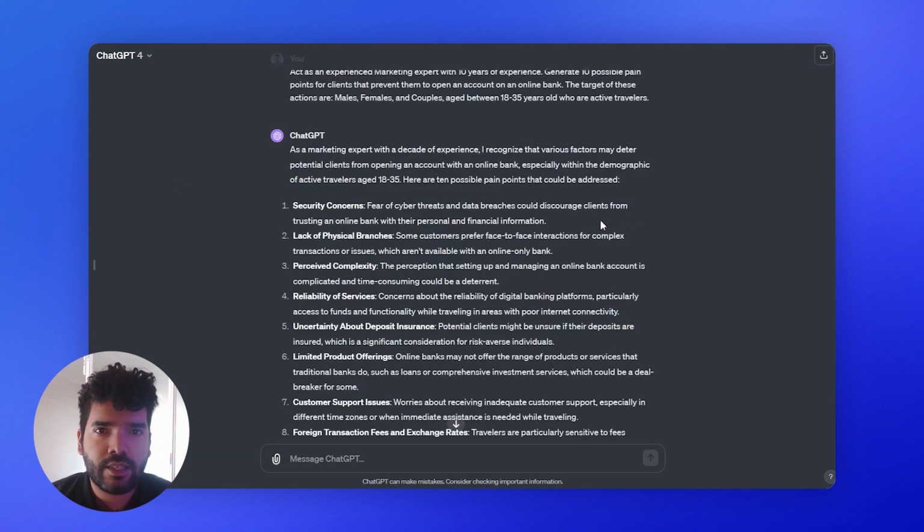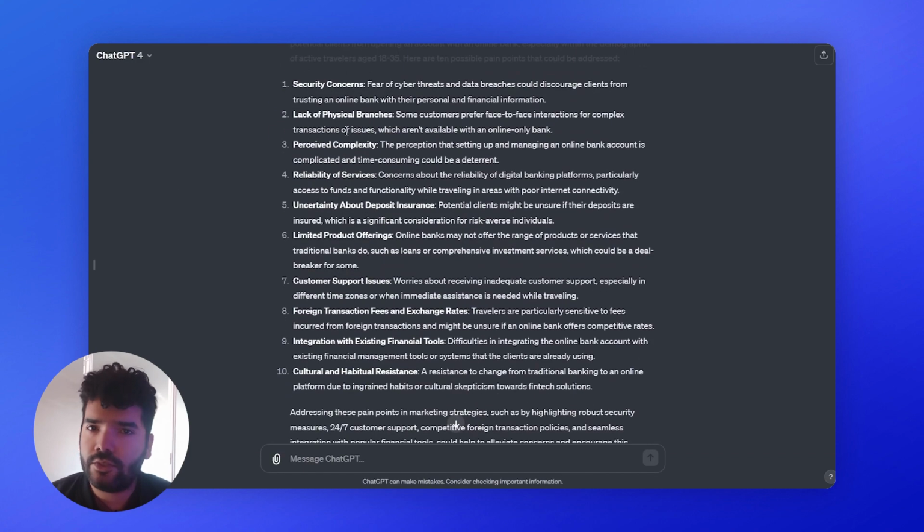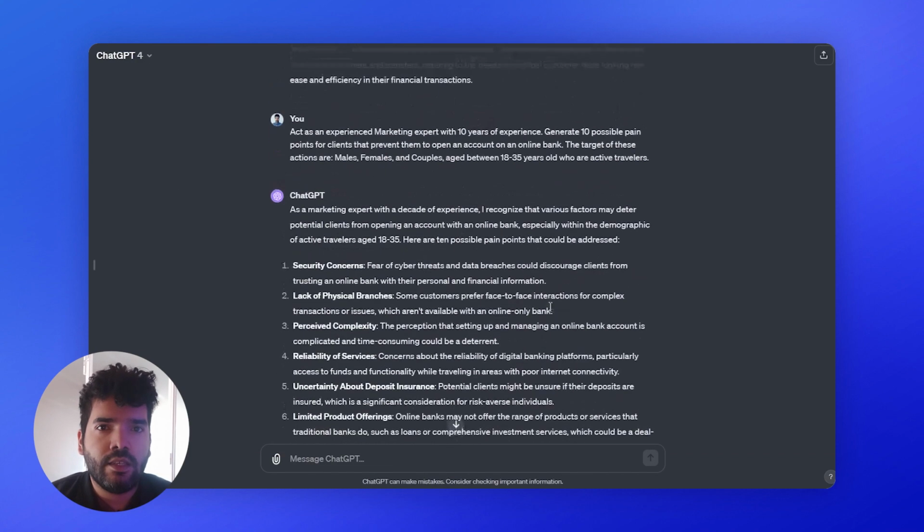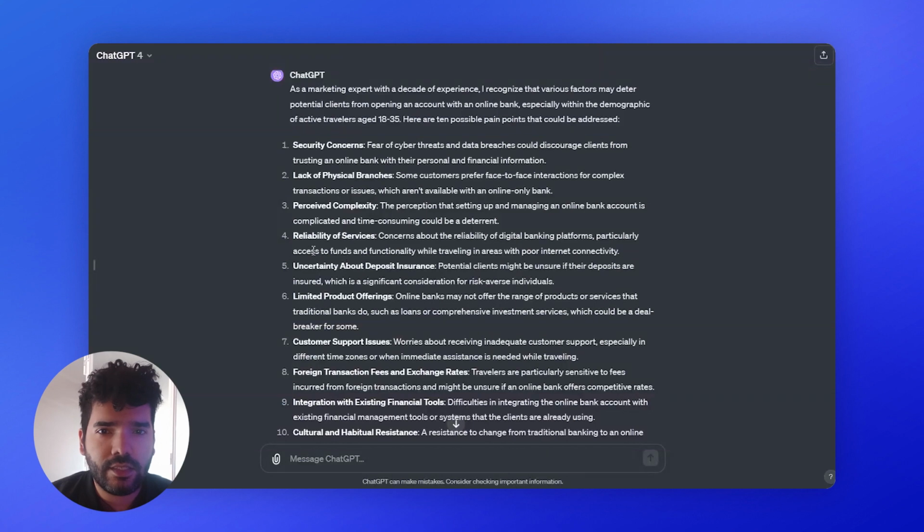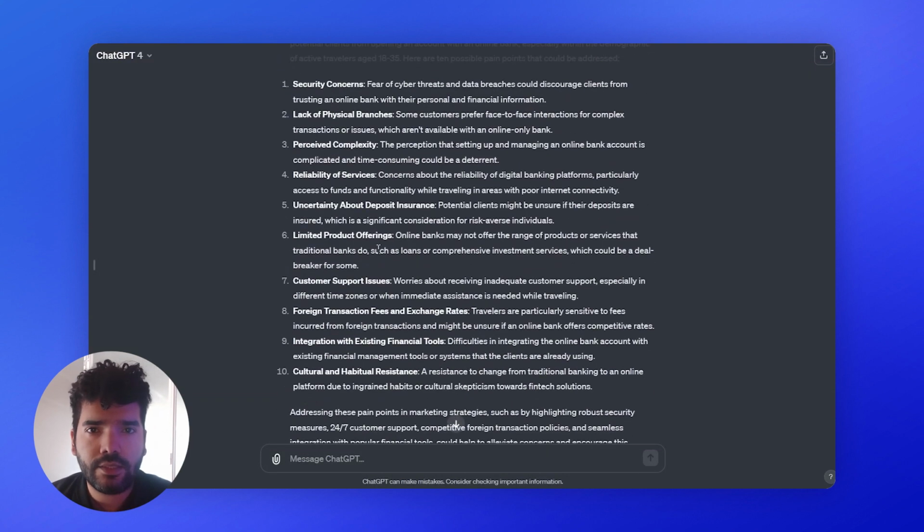Anything that serves as a motivation or as a resistance in order to open an account by this audience. And as you can see here, these are the 10 pain points that ChatGPT provided to us.